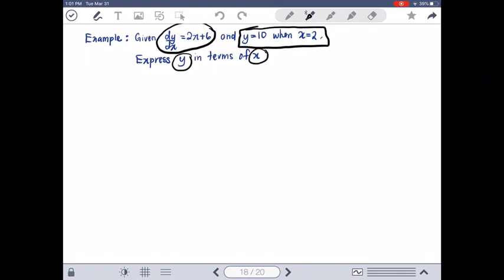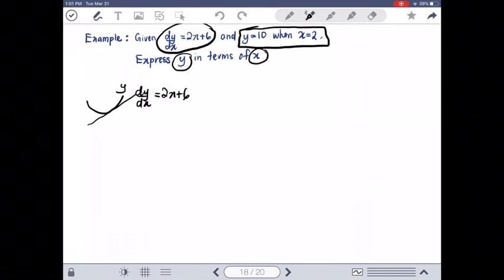It means that we want to find y as a curve, given that the gradient function dy over dx equals 2x plus 6 and there's a coordinate that lies on the curve, with coordinate 2, 10. So this means that when x equals 2, y equals 10 sits on the curve.